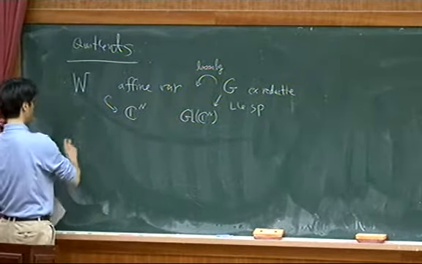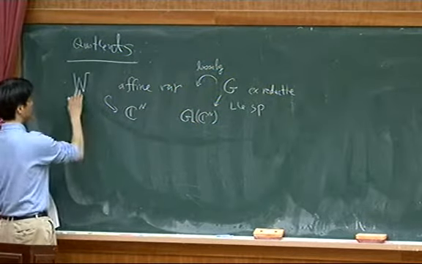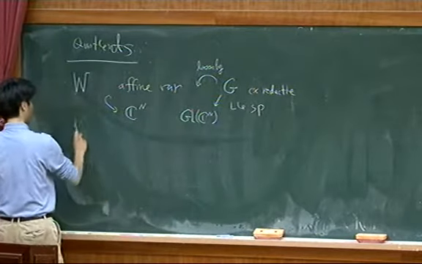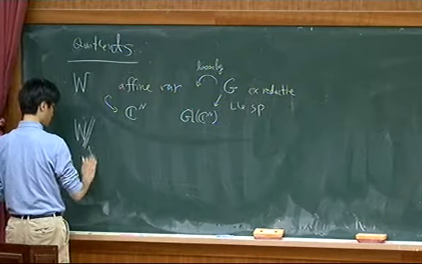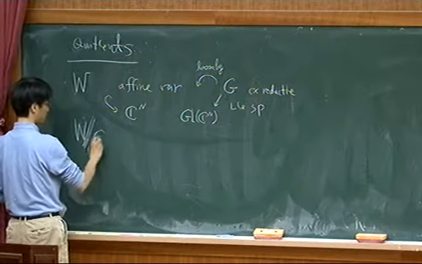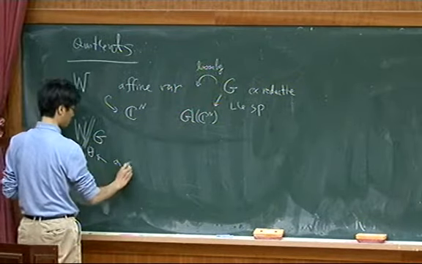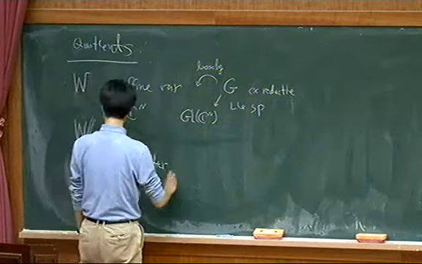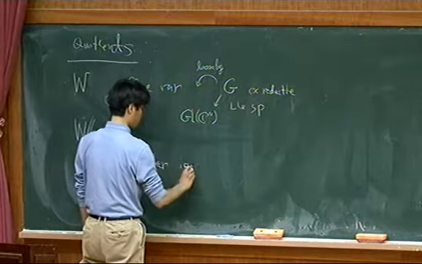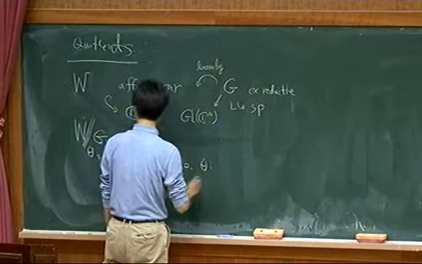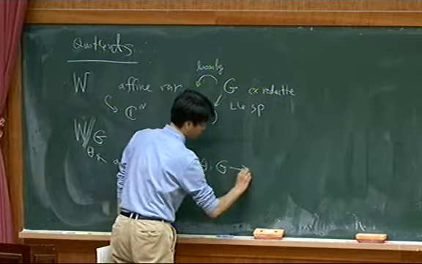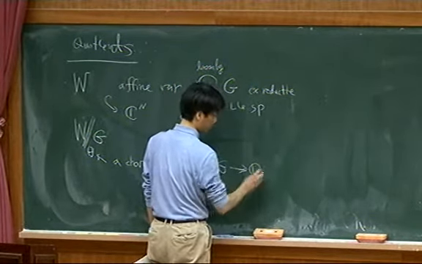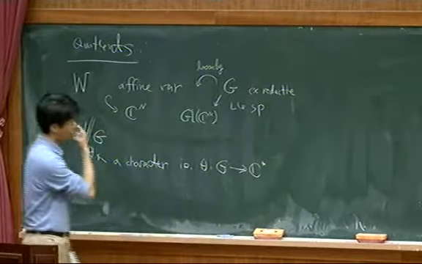In this setting, we would like to define some quotients of W by G after introducing some character theta. So theta is a character, i.e. it's a homomorphism from G to the group C star.